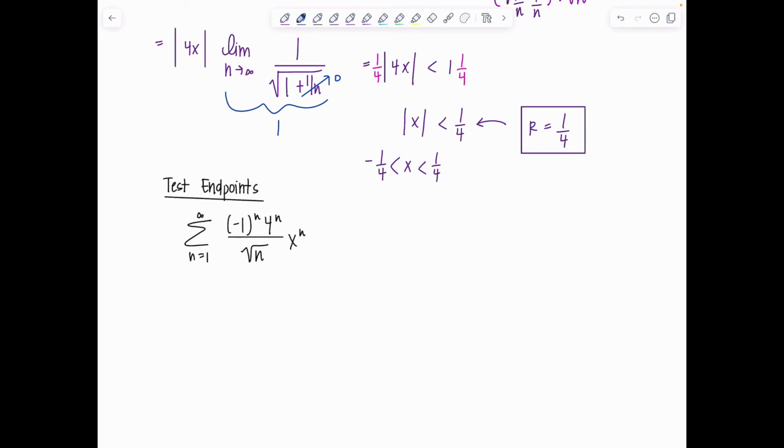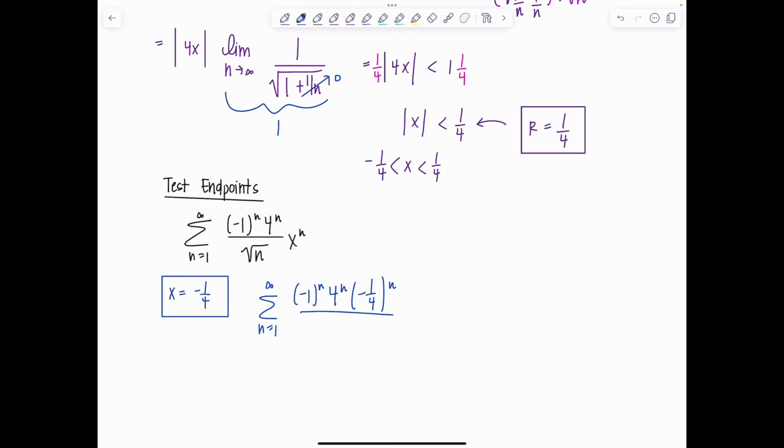So let's plug in x equals -1/4 first. Let's see what we have. The sum, n equals 1 to infinity, -1 to the n, 4 to the n, -1/4 to the n, over rad n.